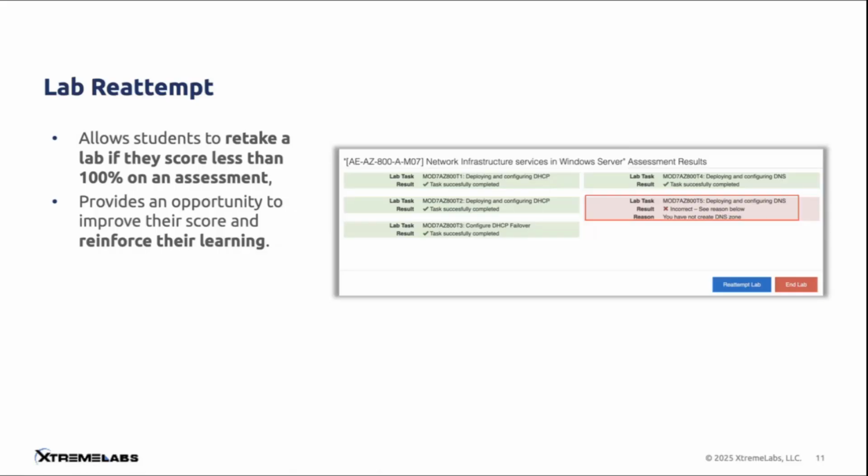So if any task has not been completed, it will also show that, and it will provide us an option to reattempt the lab. This provides an opportunity for students and learners to improve their scores and reinforce their learning.